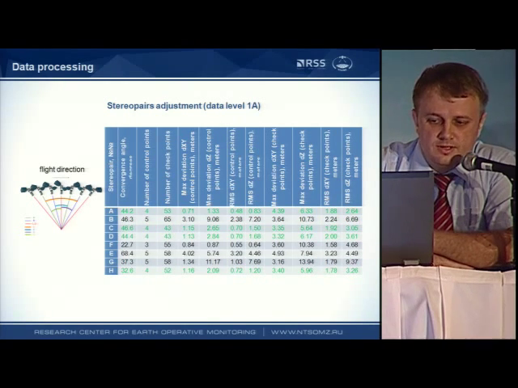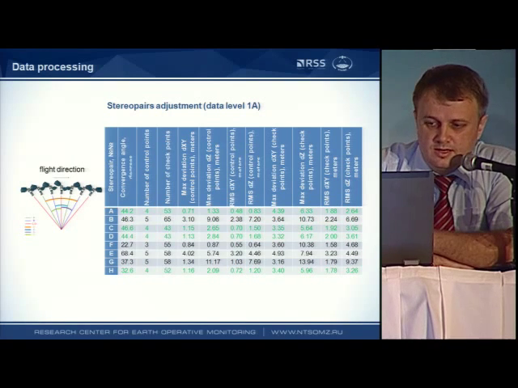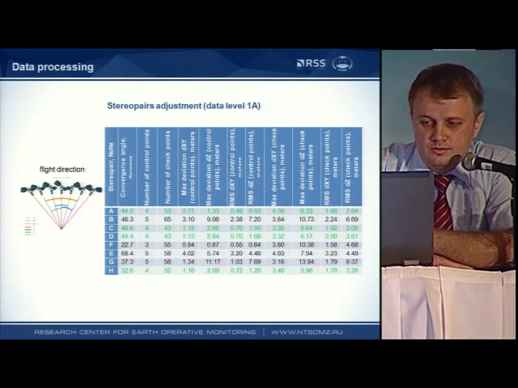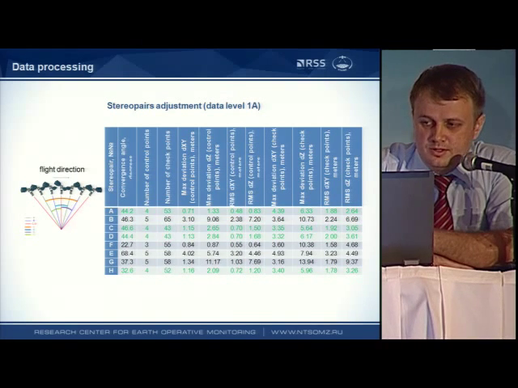Here you can see the table, the results of equalization of stereo pairs based on the materials of level A1, and the green color in this table highlights the 4 stereo pairs which we believe have the lowest error based on the external orientation.